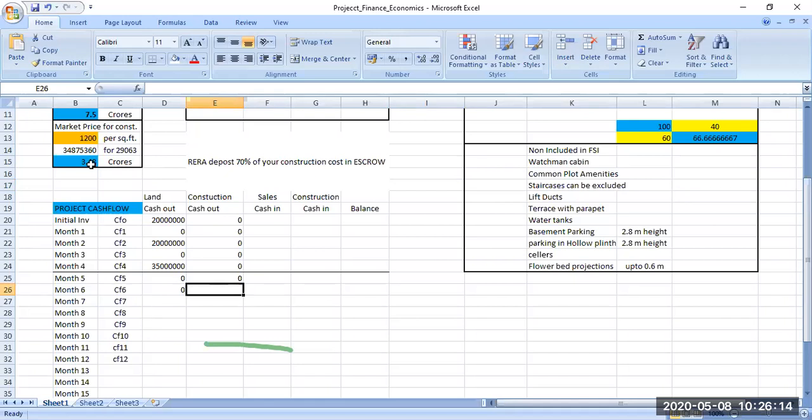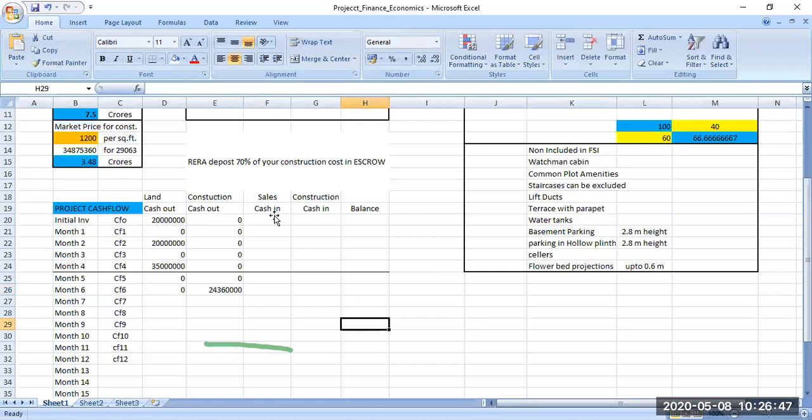So the 70% of 3.48 crores would be, just calculate, 2.436 crores. So 2.43 crores is what we pay to RERA.